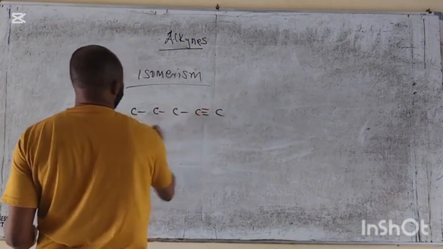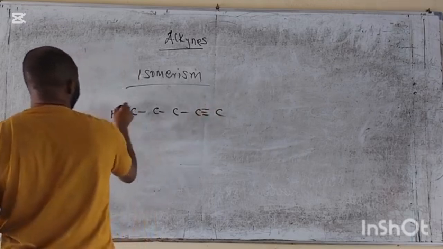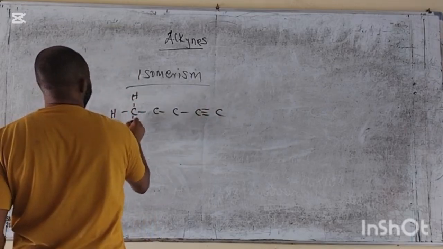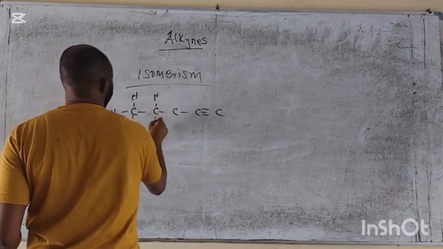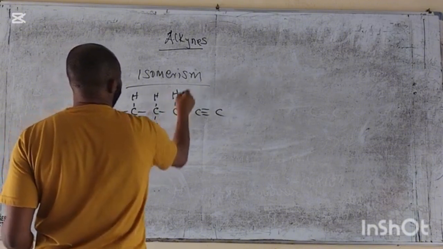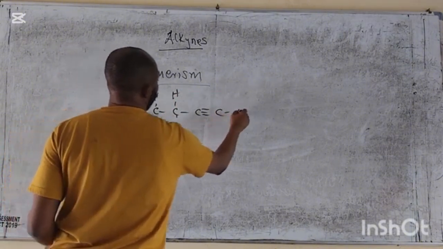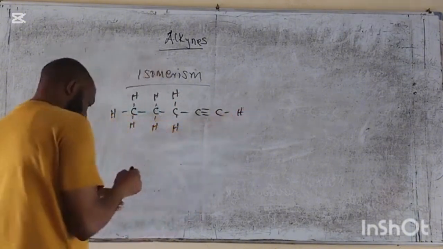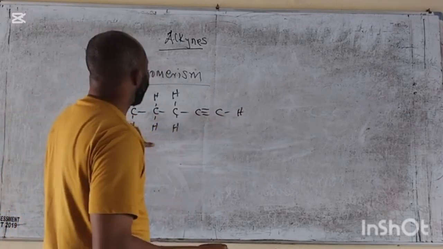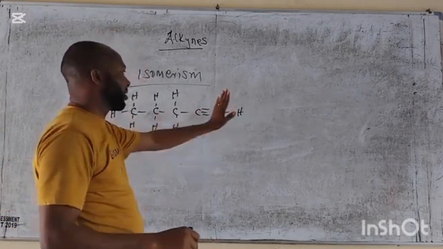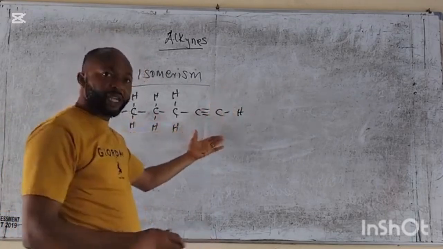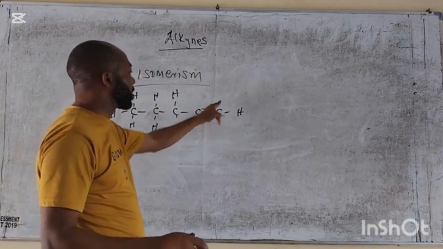Triple bond. You know that there are hydrogens everywhere here. So this is what you get. That is what 1, 2, 3, 4, 5 is, pentane. I don't need to tell you it's 1-pentyne because the triple bond is in carbon 1.